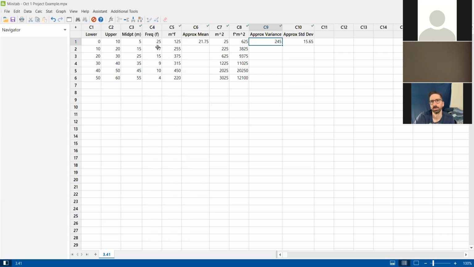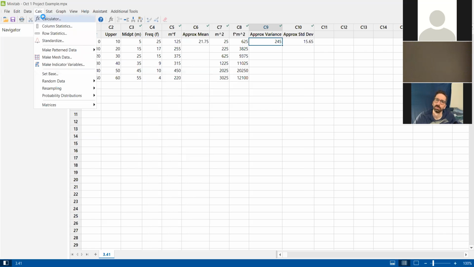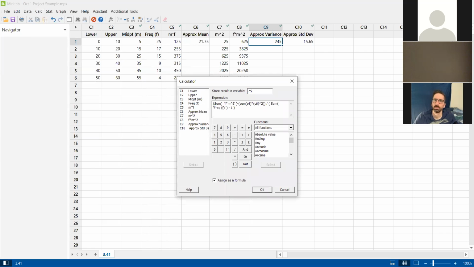If we look at C5, which is the column where we multiply the midpoint times the frequency, you can see that's what I'm doing: midpoint times frequency.